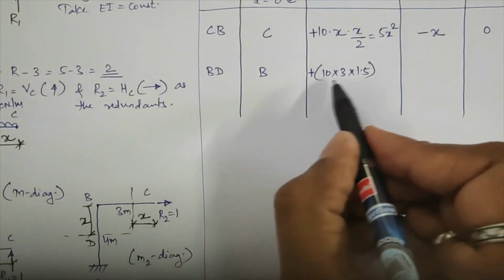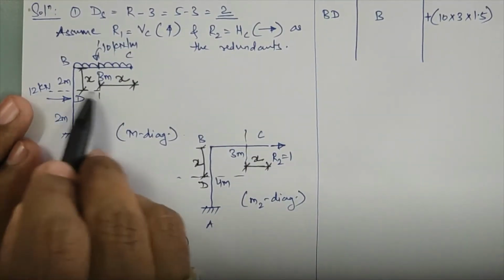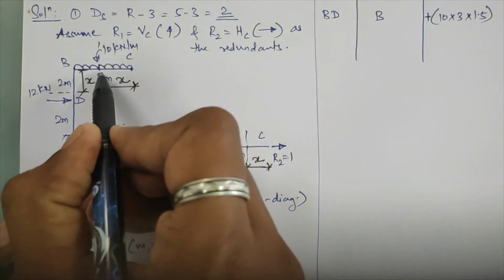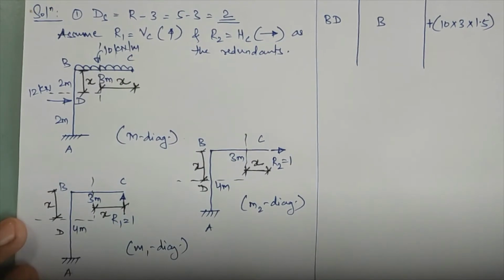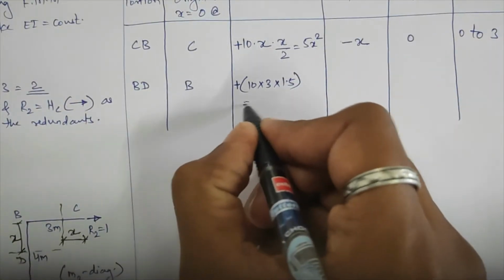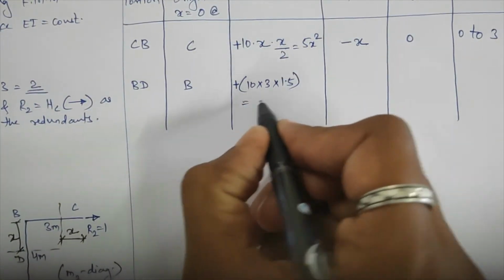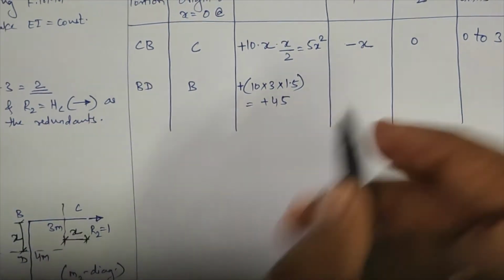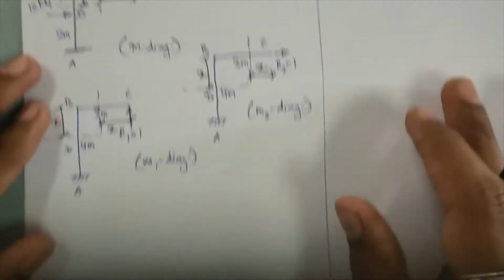It will not come in terms of x. Why? Because here your section is horizontal and the acting loading is vertical, so your lever arm will also be horizontal. So I get 10 into 3 into 1.5, which is equal to 45, right?